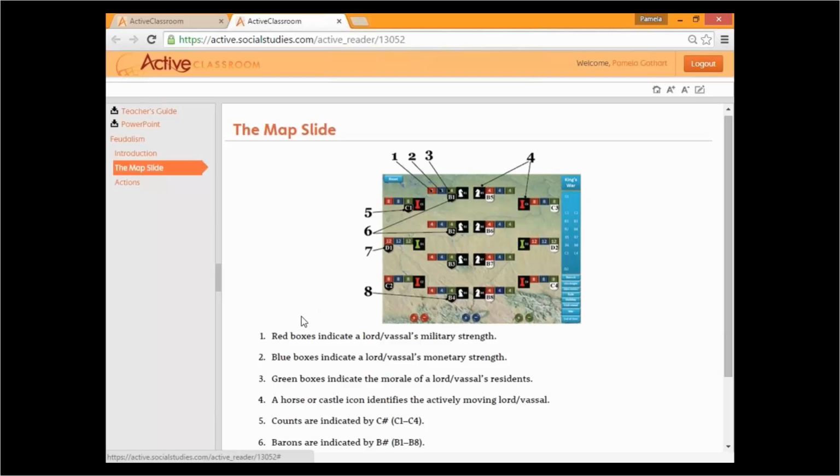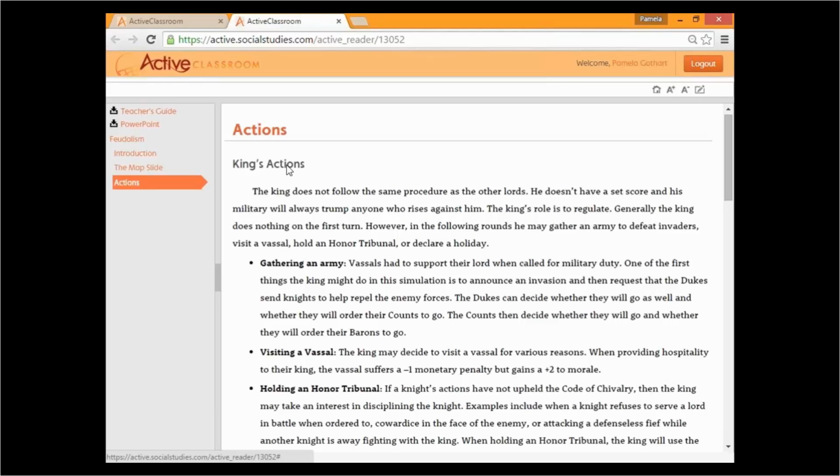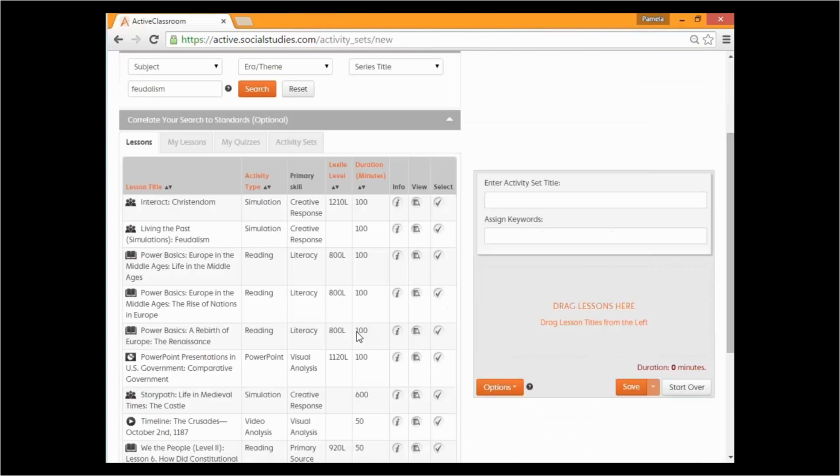The students act according to various moves and information that they are able to provide. We have the King's action here, again providing the students and the teacher with the information needed to execute this online simulation.